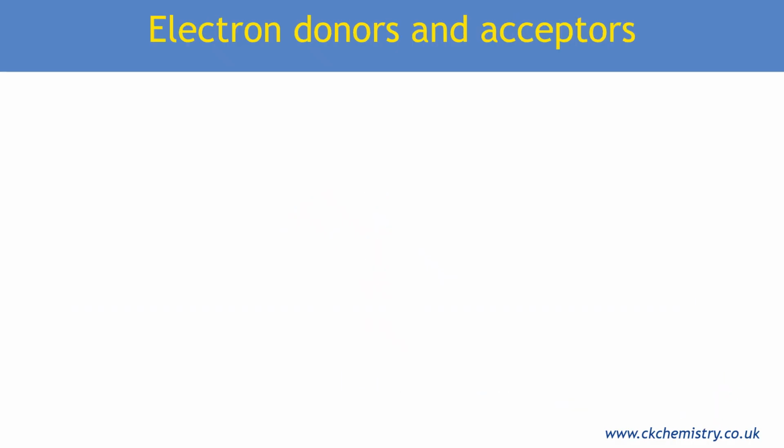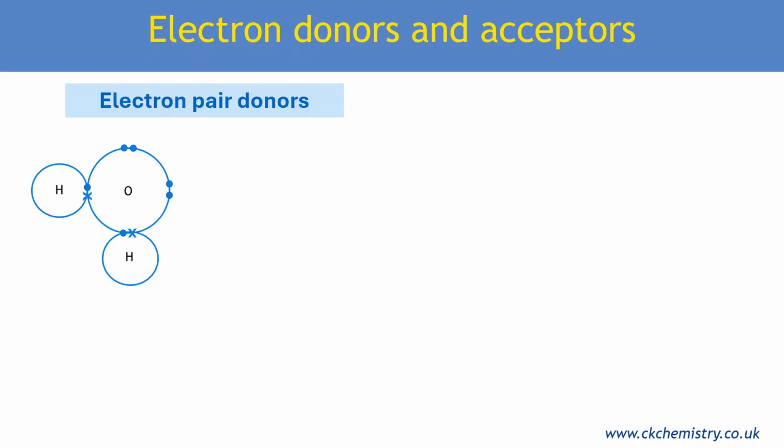That means we need two things to make a dative covalent bond. We need one thing to have extra electrons, to be an electron pair donor, and the other to be an electron pair acceptor. Very occasionally you may hear electron pair donors described as Lewis bases, but that's not a common definition in most A-level specs. So what do electron pair donors need?